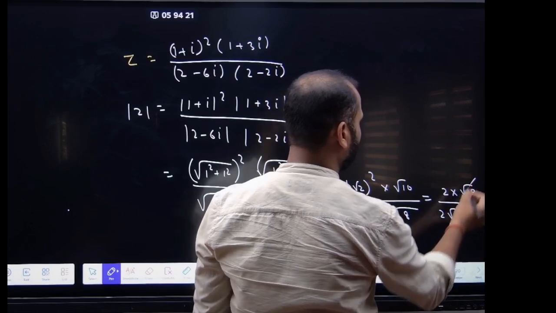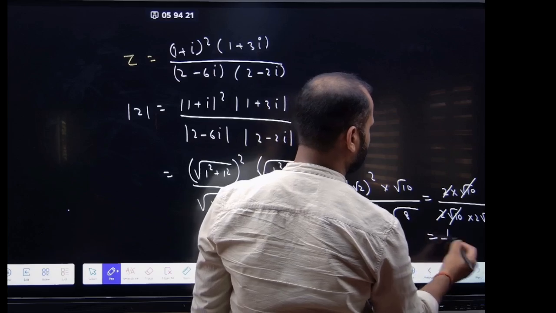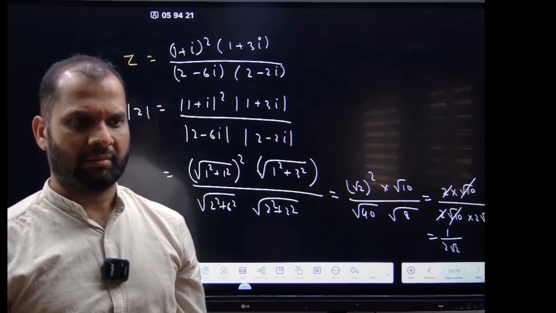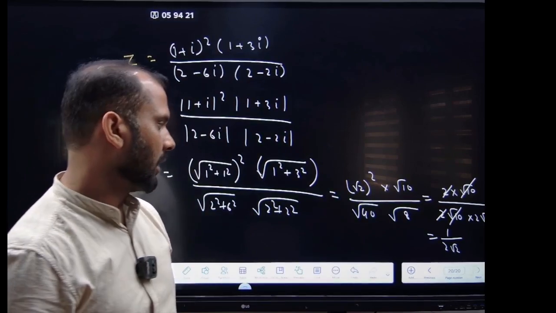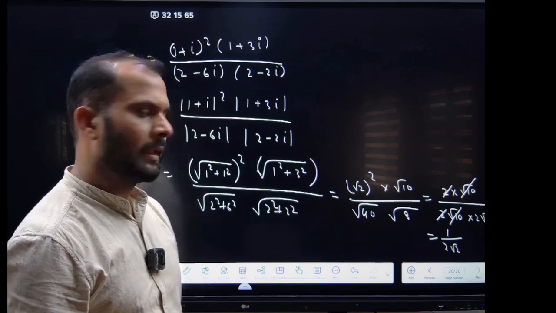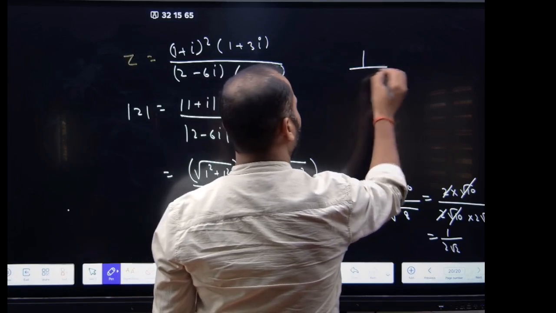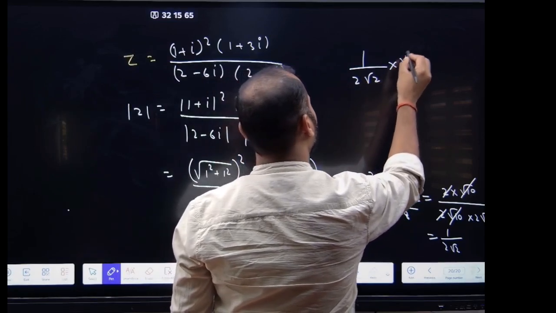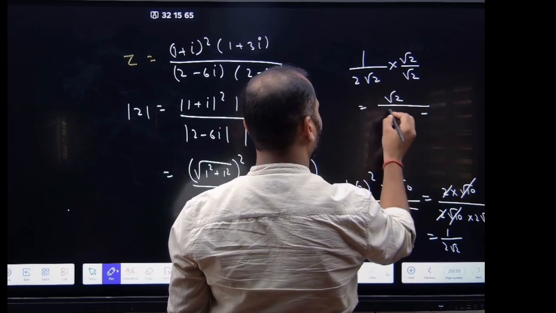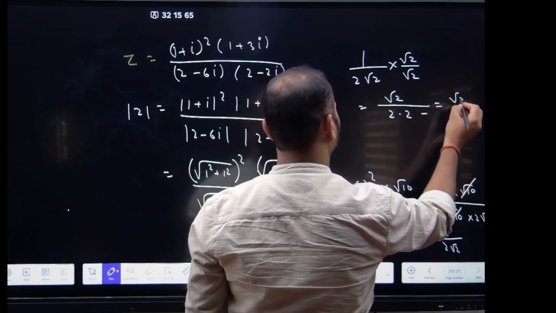Root 10 gets cancelled, 2 also gets cancelled. 1 by 2 root 2 is there. Check it. Fine, that can be done. So 1 by 2 root 2, I will multiply by root 2 over root 2. Numerator will be root 2, denominator root 2 times 2 root 2 is nothing but 4. Root 2 by 4 is there.